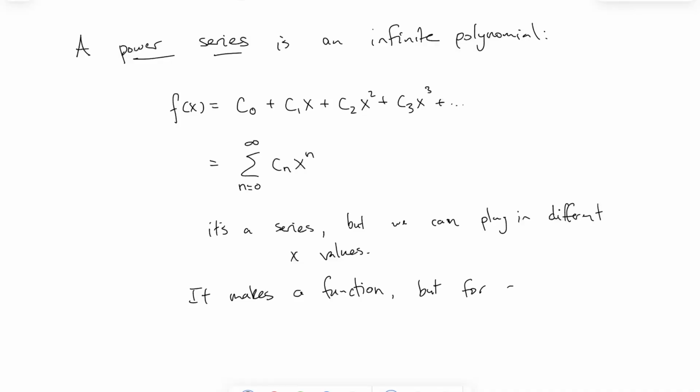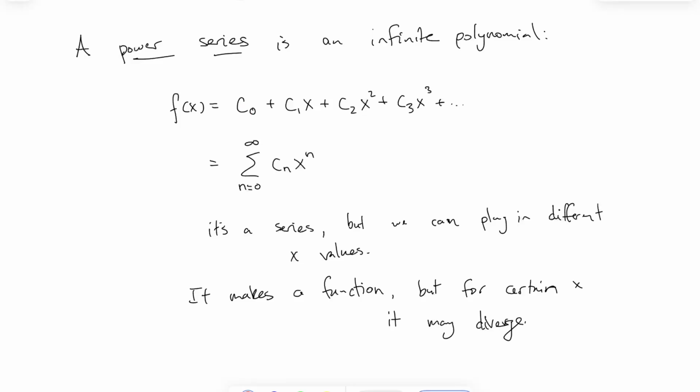So it makes a function, but for certain x, it may diverge. And for certain x, it may converge. Actually in this example here, you can tell just based on the format, if I plug in x equals 0, this will always converge.